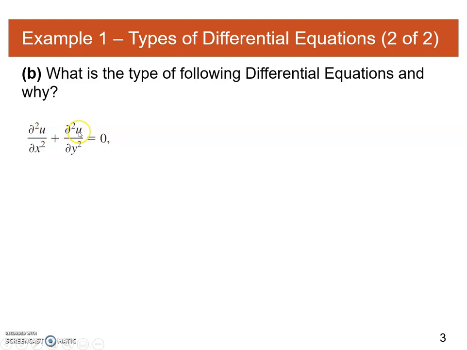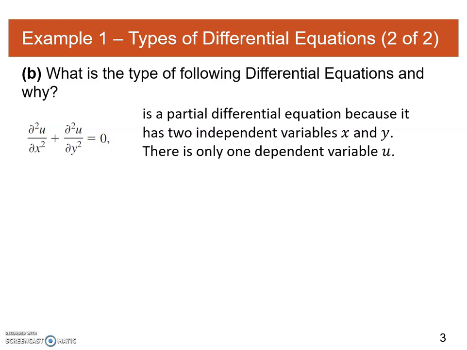The dependent variable is only one, but it doesn't matter. You can have more than one dependent variable, but the only thing you have to see is how many independent variables there are. If there are two independent variables, then that equation is called a partial differential equation.